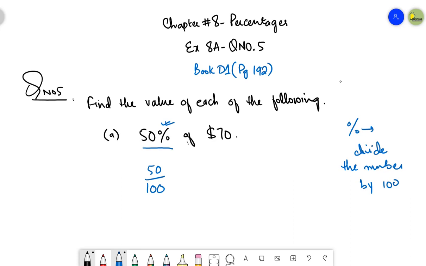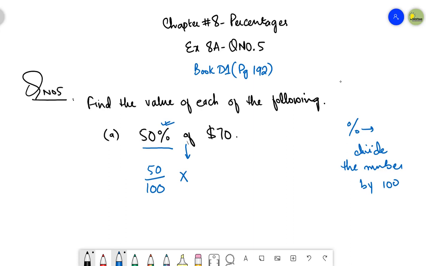Now you have to find out the 50% of $70. So the word "of" is going to be replaced with a multiplication sign. 50% is replaced by 50 upon 100, because you need to remove the percentage sign in order to calculate the value. The percentage sign is removed by dividing 50 by 100.